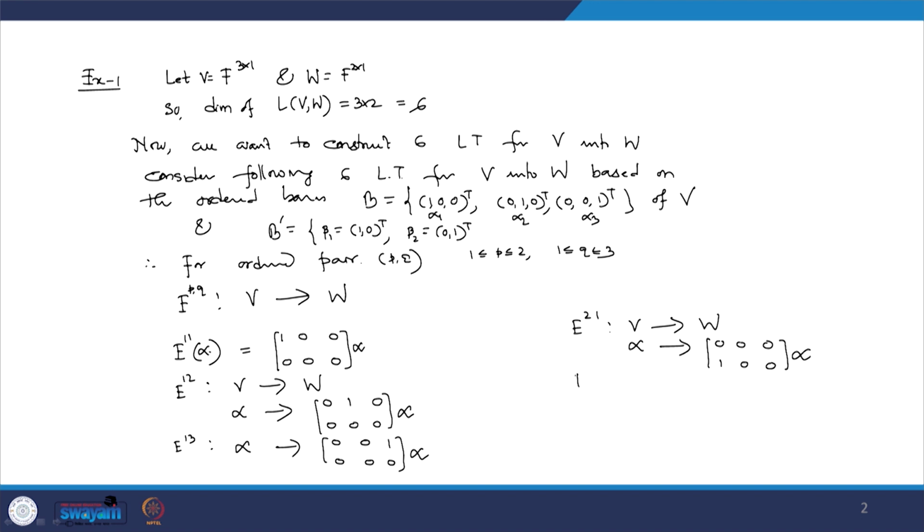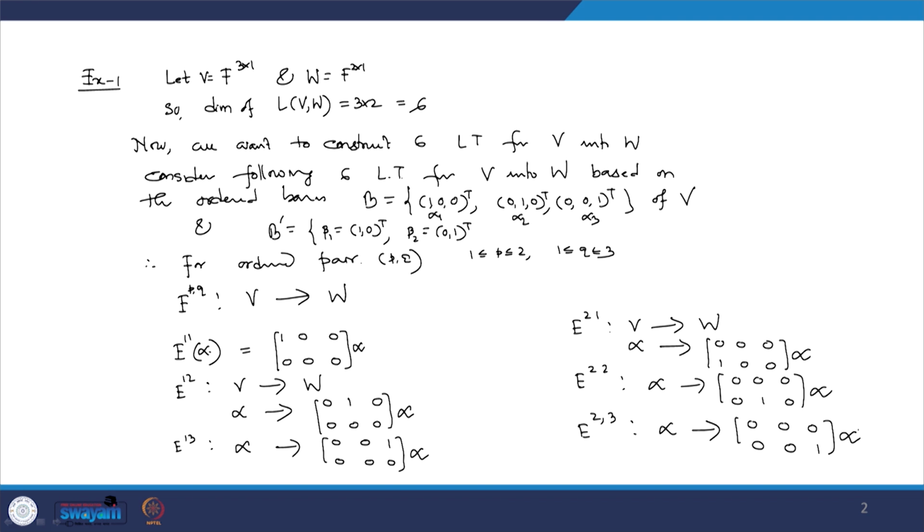Then E22 defining exactly alpha goes to the matrix with rows 0 0 0 and 0 1 0, this one, and E23 is defining as alpha goes to the matrix with rows 0 0 0 and 0 0 1 operating on alpha, please. So, I have considered 6 linear transformations E11, E12, E13, E21, E22, E23 like this.